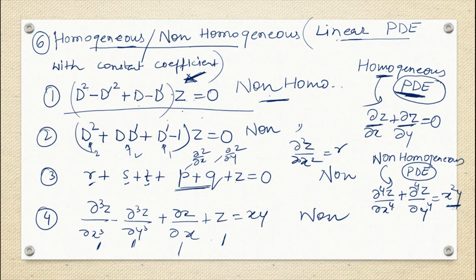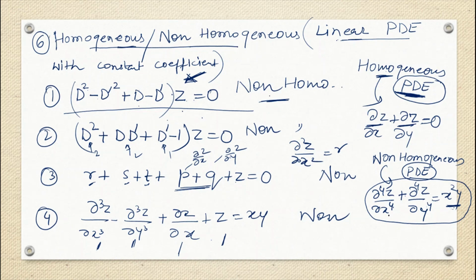And if I ask whether this given example is a homogeneous or non-homogeneous linear PDE with constant coefficient, what will you say here? Yes, it has constant coefficients because both terms have constant coefficients.